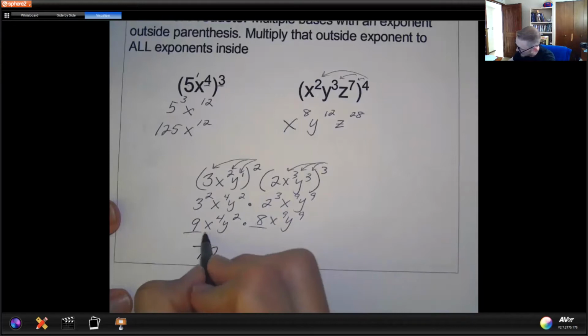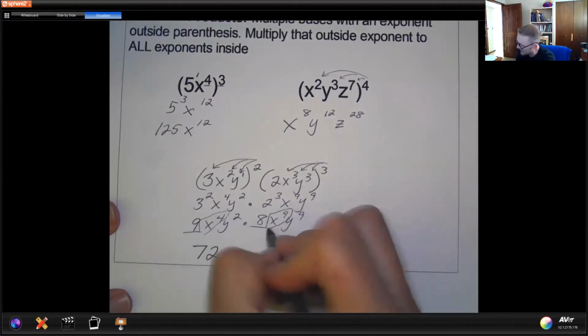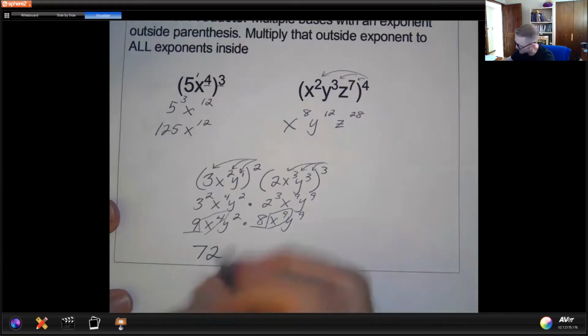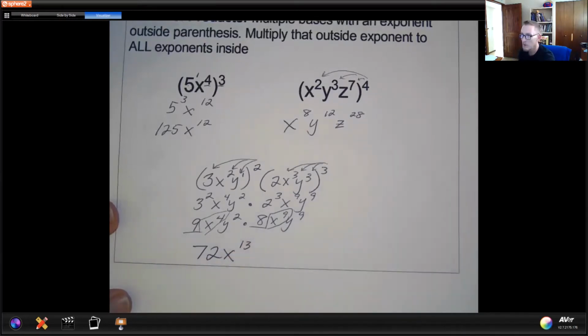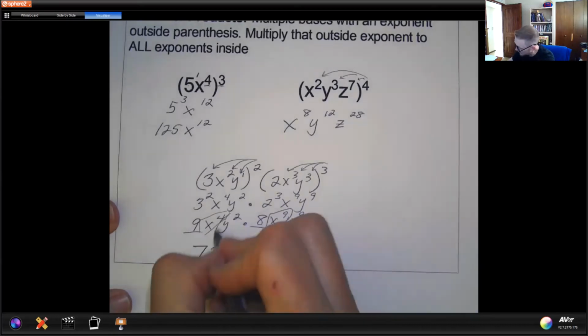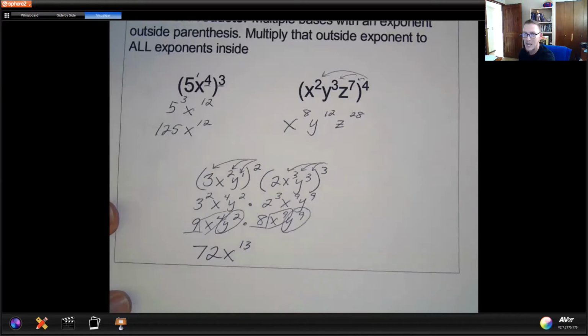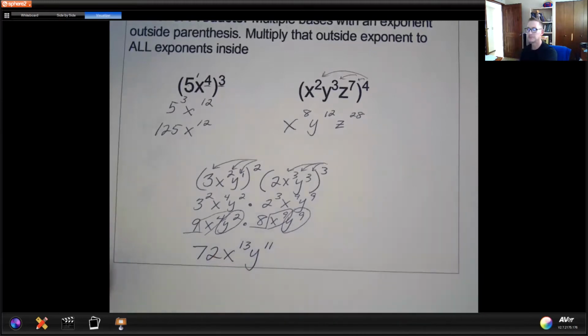Let's take the x to the fourth and the x to the 9th. Remember, same base, add exponents. So x to the 13th power. And then I have the y to the second, y to the 9th, same base, add the exponents, y to the 11th power.